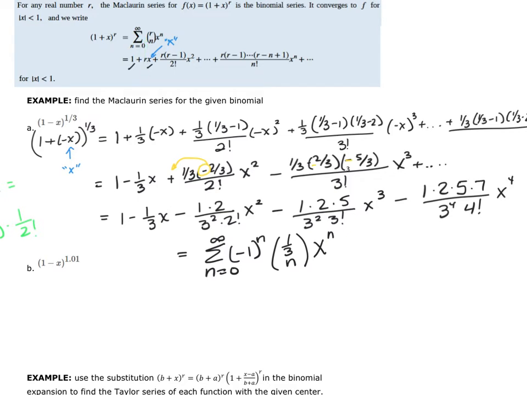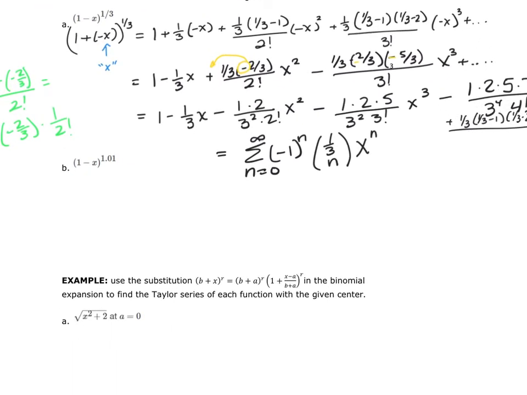Now let's take a look at our next example where I am looking at 1 minus x. And again, I'm going to write this as 1 plus a negative x, to the 1.01. Now I'm going to start writing these out again, just like I did before. Let me do this in blue so it's not going to be confused with what was above.